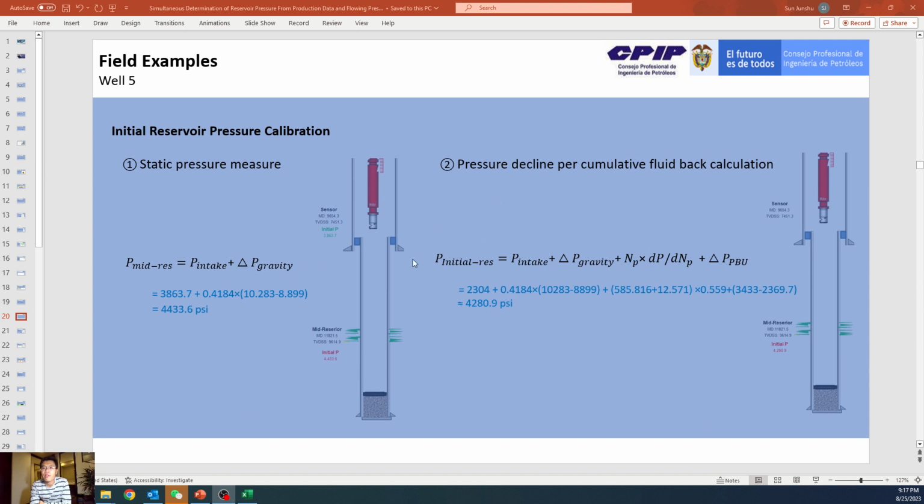So we compare these two initial pressures. The static pressure measured is 4,433.6 psi. The second method is using pressure decline per cumulative fluid. By back calculation, we get the initial pressure is 4,280.9 psi.